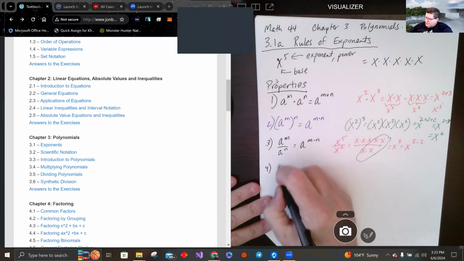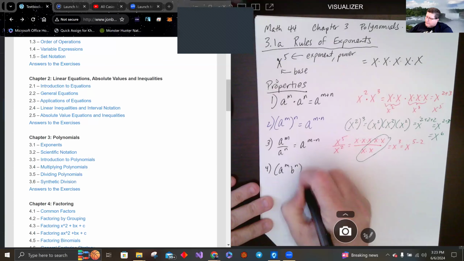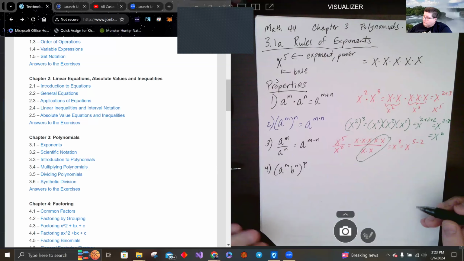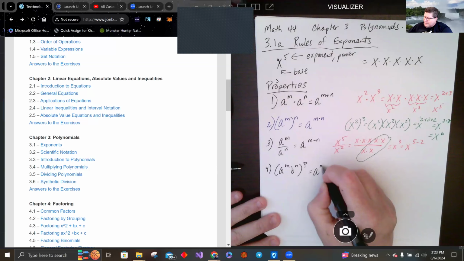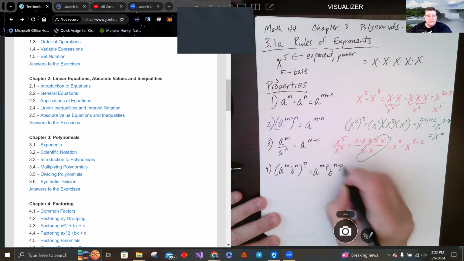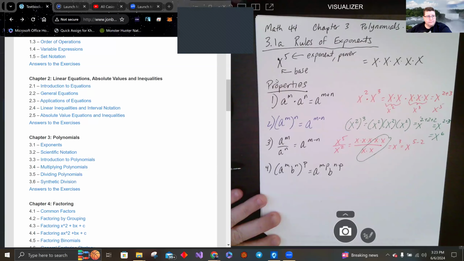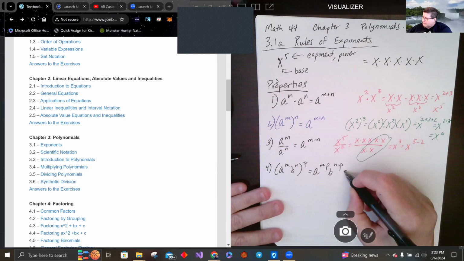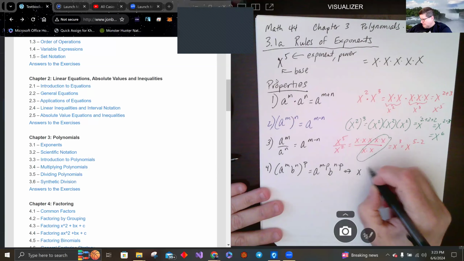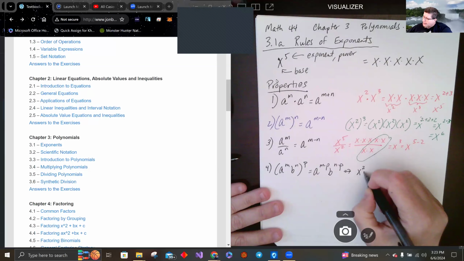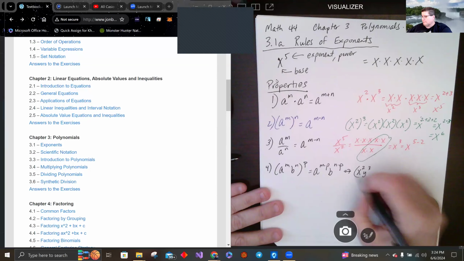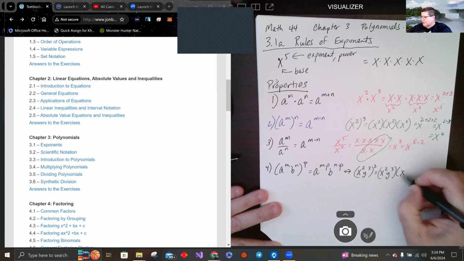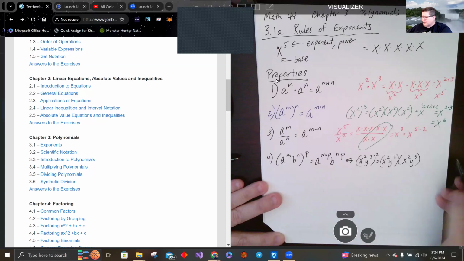Now we'll do some more. We'll have a to the m power and b to the n power, and we'll raise all of that to the p power. This is a to the m times p, b to the n times p. So an example, x squared y cubed, squared, is x squared y cubed times x squared y cubed. And we rearrange it to put the x's together.